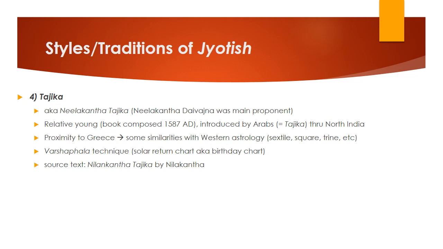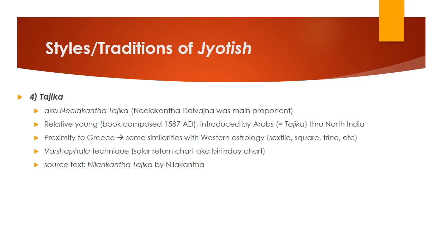The Tajika system was introduced by Arabs or Persians from the Middle East, and actually Tajika in Sanskrit means Arab. So when there was a migration of Arabic culture and influence through northern India, they brought some ideas of Western astrology to India, and then some of those Western ideas got incorporated into an Indian style of Jyotish.